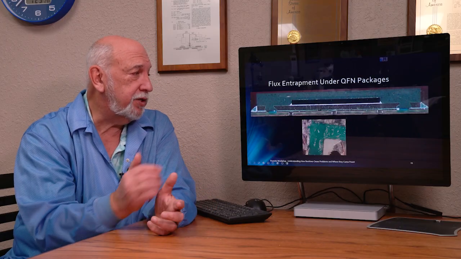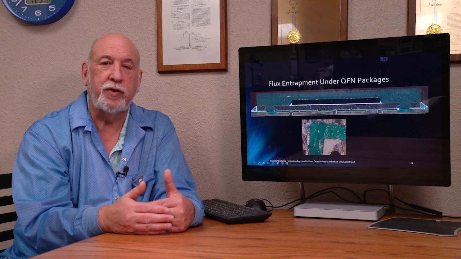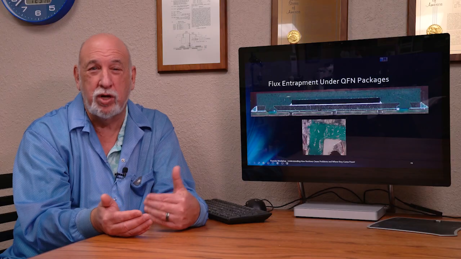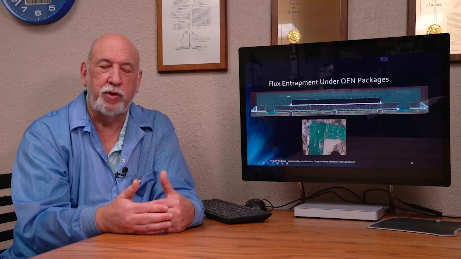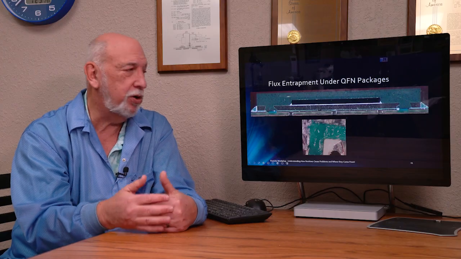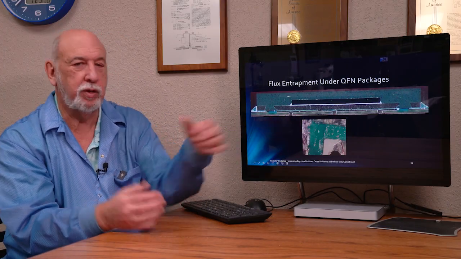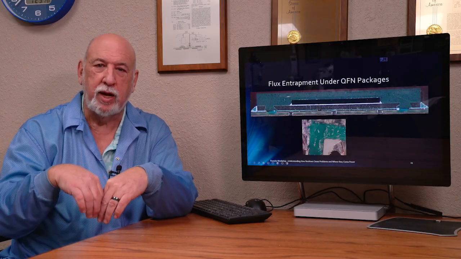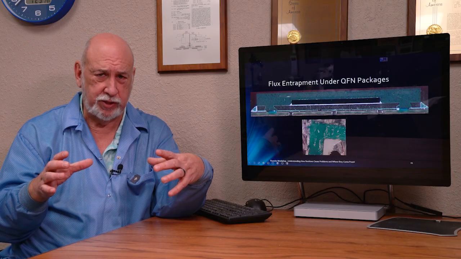So understanding where flux issues are, how tight they sit to the board. A lot of these QFNs will sit 0.5 mil to 1.5 mils off the board surface. So they're very tight to the surface, and they're being pulled down because of the thermal vents in the ground plane, solder flows down and pulls that part down and pulls it really tight, and it just seals everything around the outside edges.